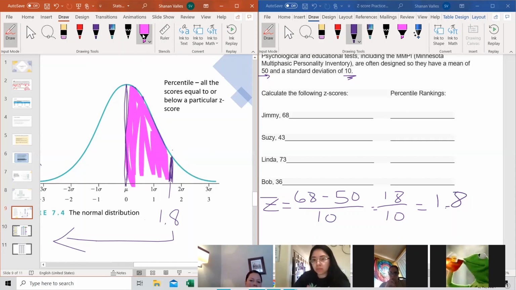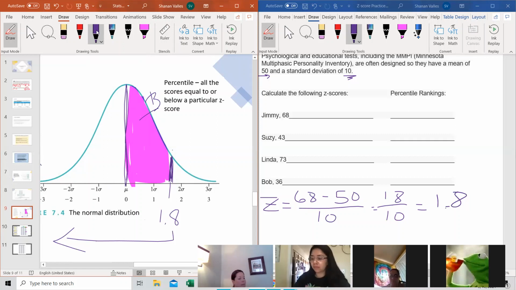And what column do we use for a Z to mean? I'll tell you. We use the B column. Z to mean is the B column. So let's see, 1.8, I'm finding it, and I got 0.4641. 0.4641, okay?